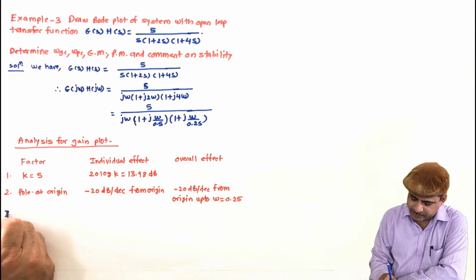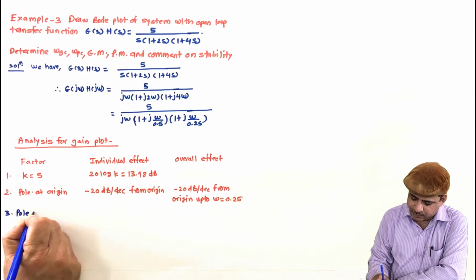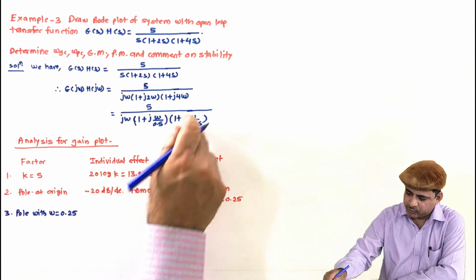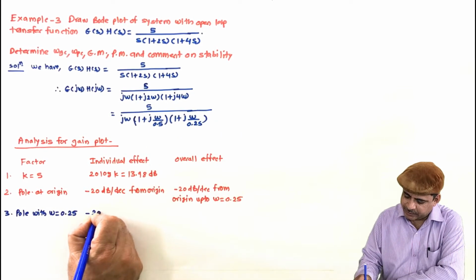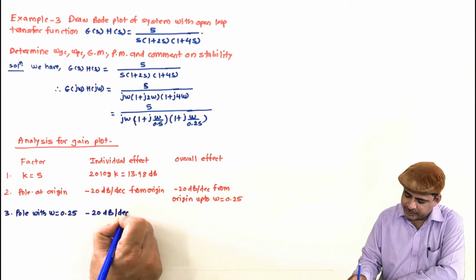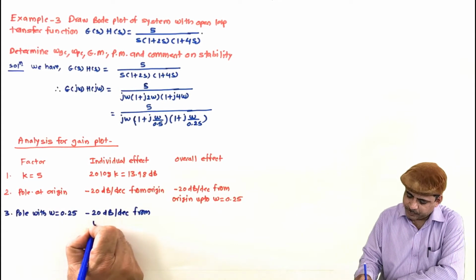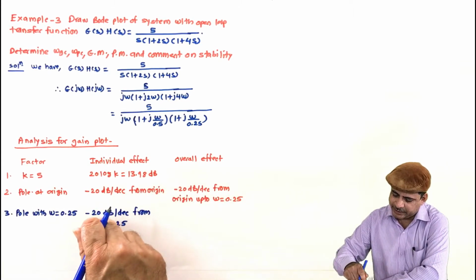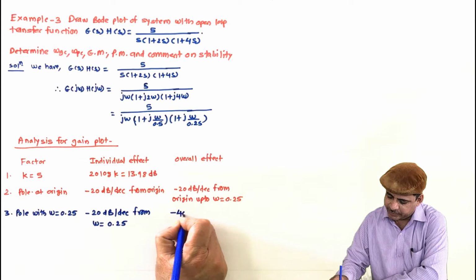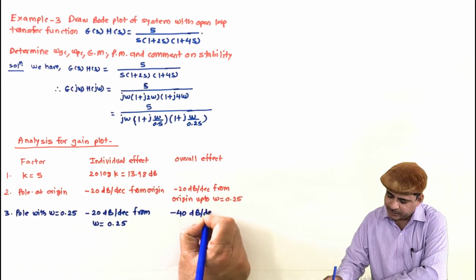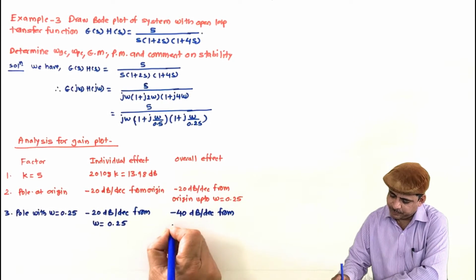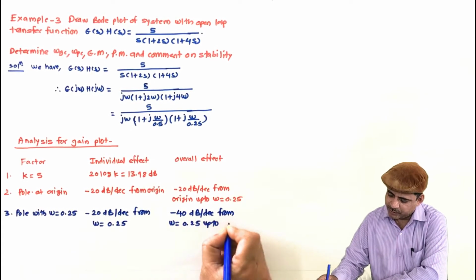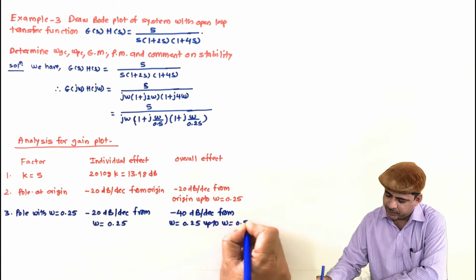Then the next effect is the pole with omega equal to 0.25. Its effect will be minus 20 dB per decade from omega equal to 0.25, and the overall effect will be minus 20 added to minus 20, which is minus 40 dB per decade from omega equal to 0.25 up to the next frequency, omega equal to 0.5.